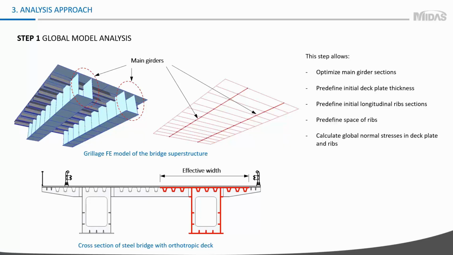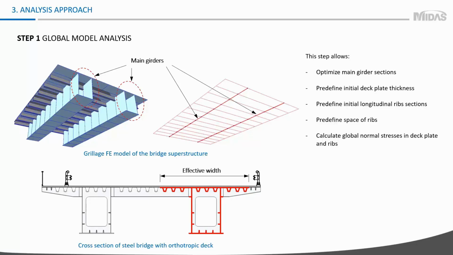You operate here with a quite simplified model of the whole bridge superstructure. For example, you could consider a grillage model, and in this grillage model, longitudinal beams could have section of a main girder with effective width, and transverse beams they have a section of cross beams with effective width as well.